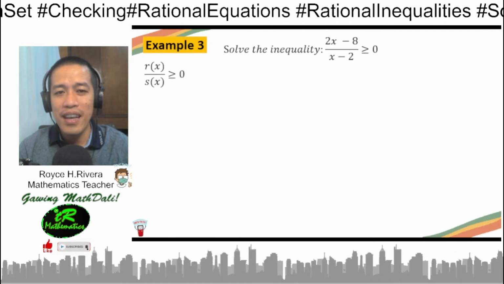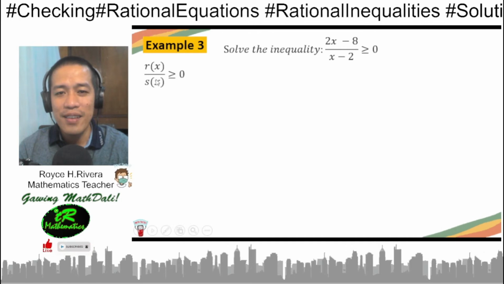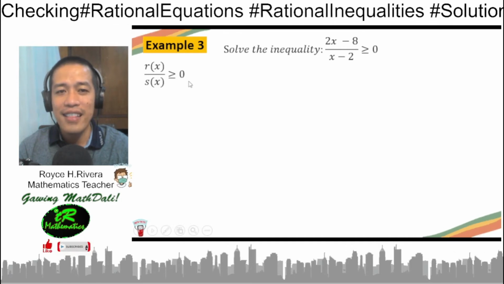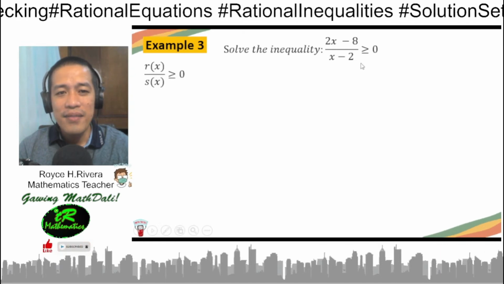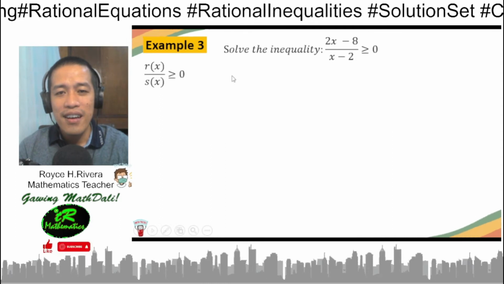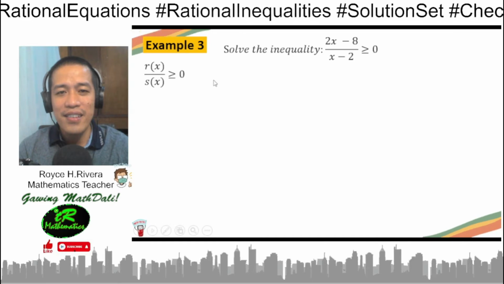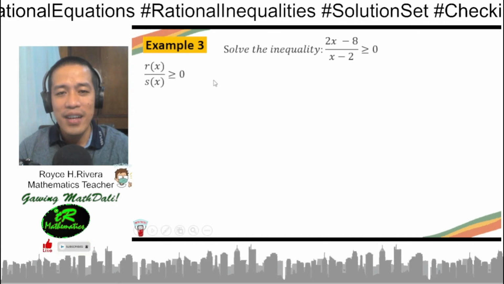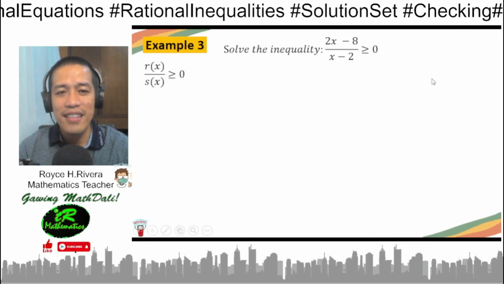Kung gusto nyo sa kaliwa ng inequality ang 0 or sa kanan. The given inequality is already in the form r of x over s of x greater than or equal to 0 or less than, greater than, or less than or equal.